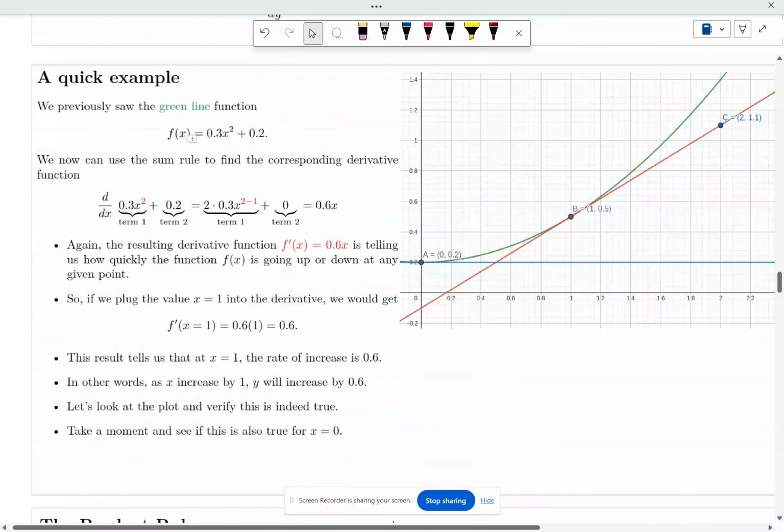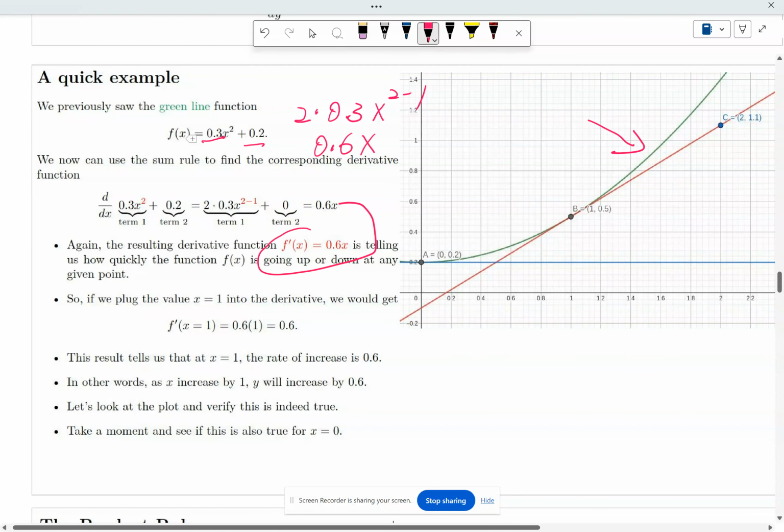Here's a quick example. So over here is the green line that we've been working on throughout the class. So now we know how to take the derivative of this. The derivative is essentially the power rule here and the constant rule. So the power rule will be 2 times 0.3 x to the 2 minus 1. So this becomes 0.66 x, right? That's the result we got.